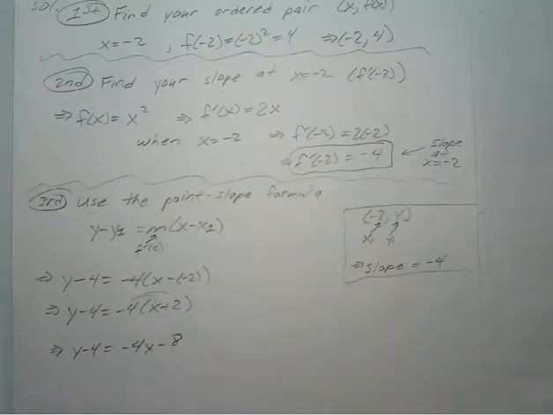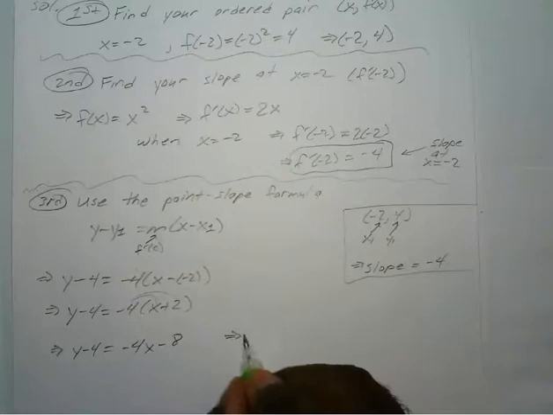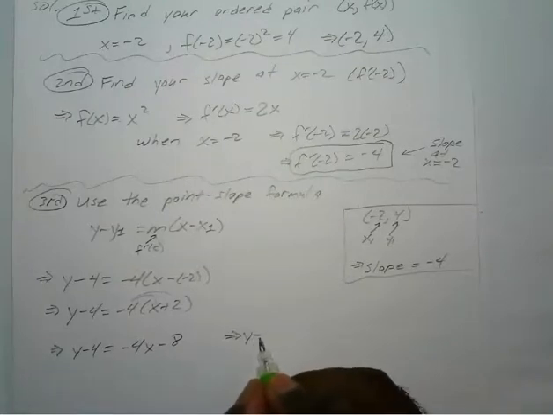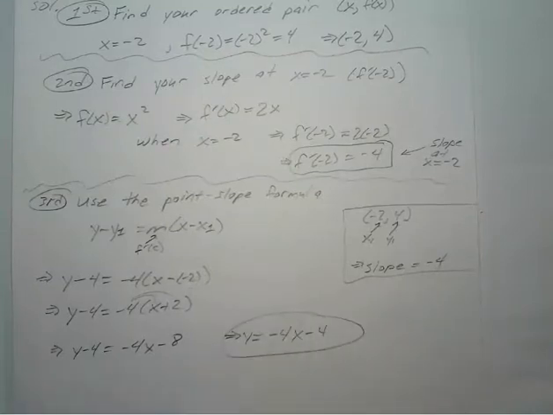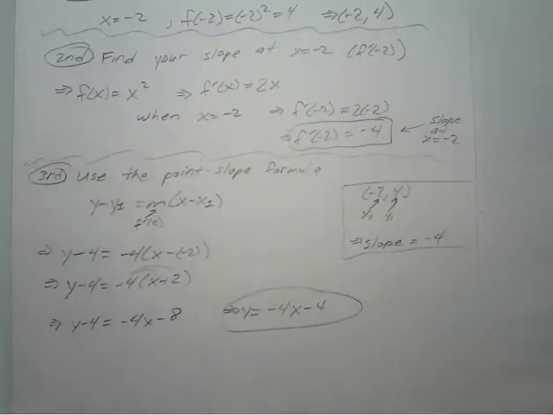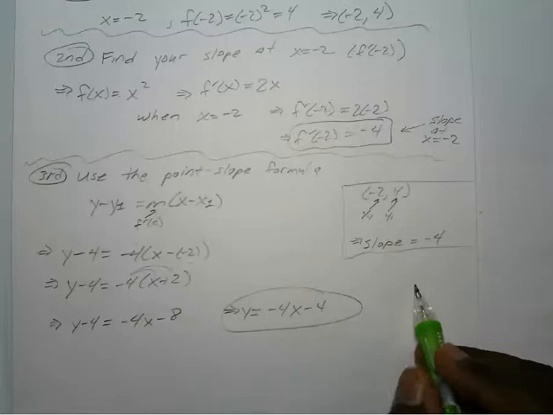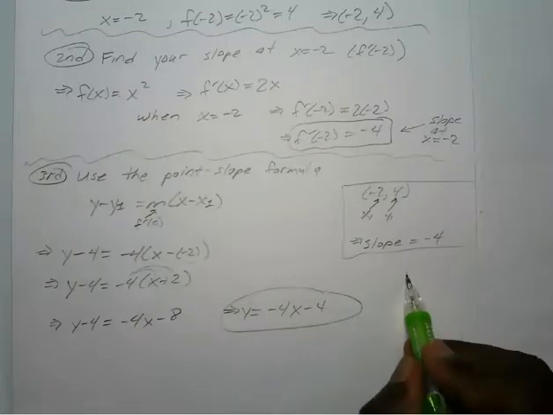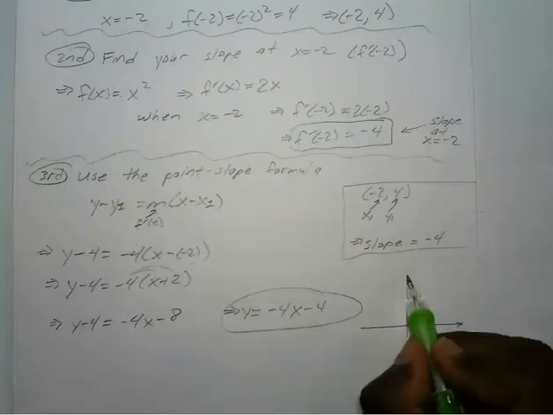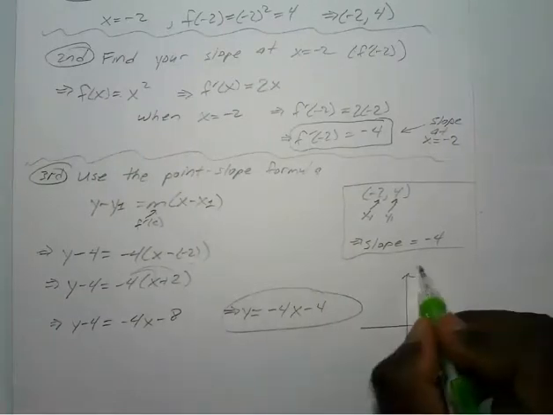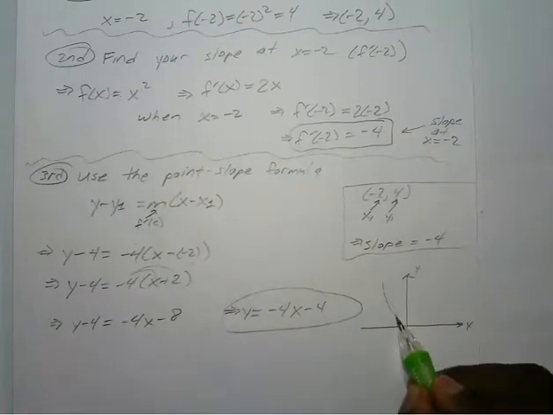Go ahead and add 4 to both sides. So we have y equals -4x minus 4. Okay, so that is the equation of the tangent line. So if you were to look at that on a graph, let's say this is your x and y axis, and this is y equals x squared.